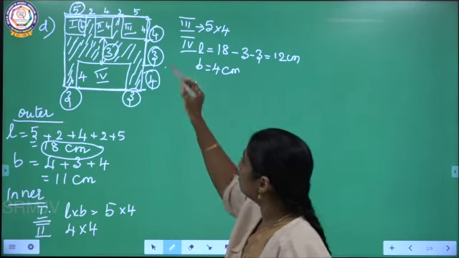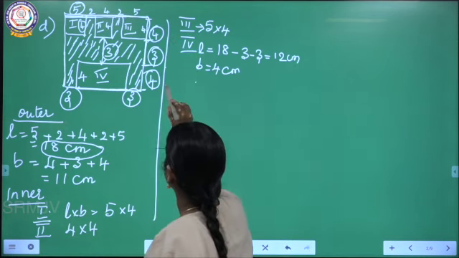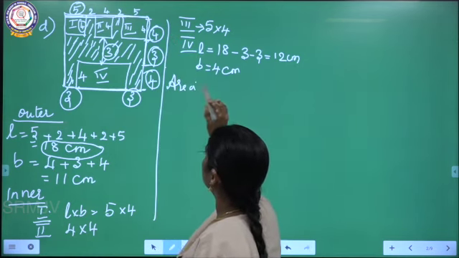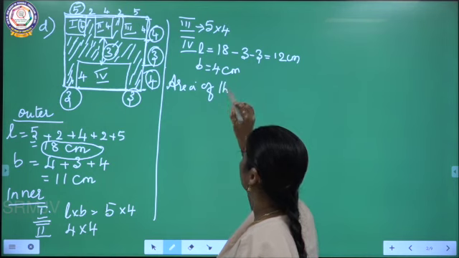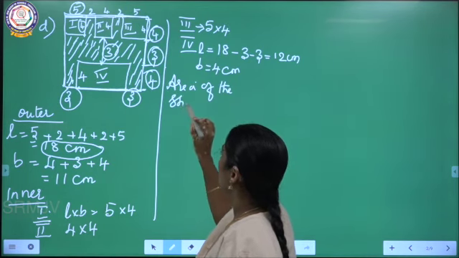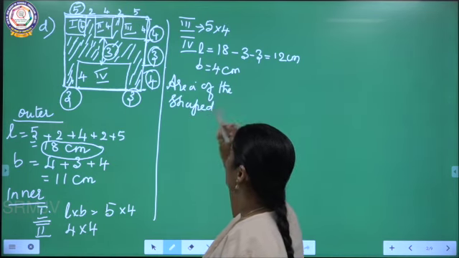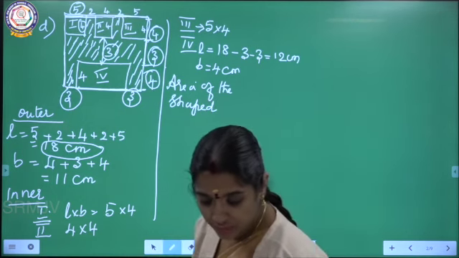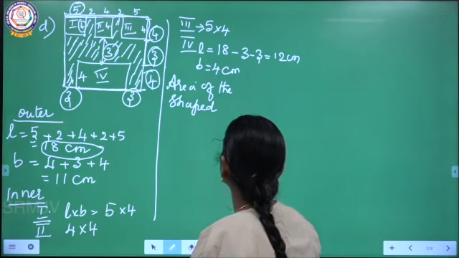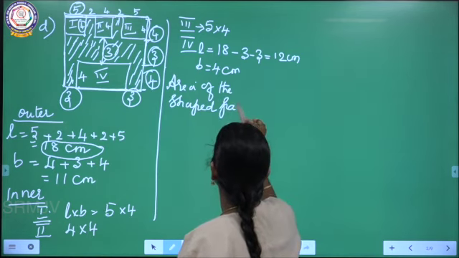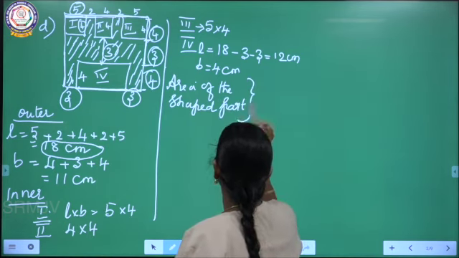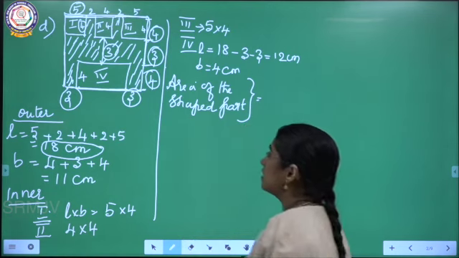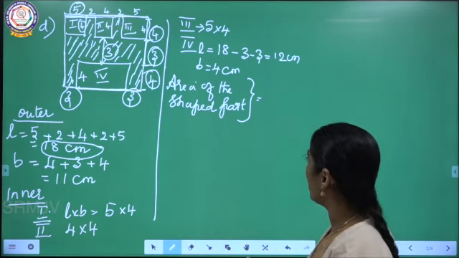Now, I am going to find out the area of the shaded part. Shaded part or what? Shaded portion. Listen, shaded part or a shaded portion, whatever you can write.